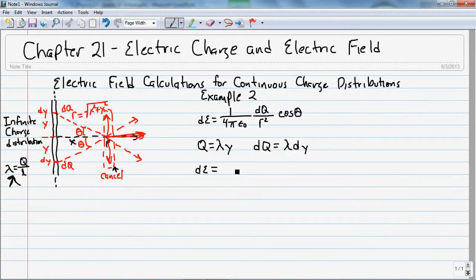We'll have lambda dy over 4 pi epsilon naught r squared. Well, that's just the square root squared, so that's going to give me x squared plus y squared. And I have a cosine theta at the top.